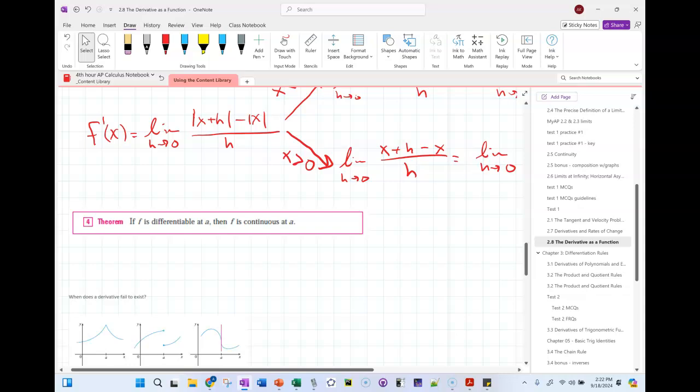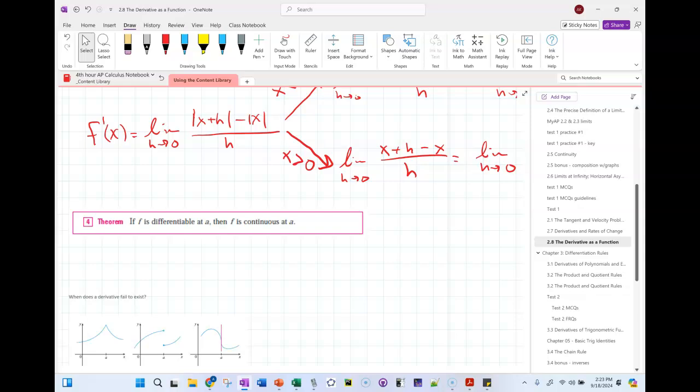This theorem 4 is one of these that you want to have memorized. Theorem 4 just says if a function is differentiable at a, then it's continuous at a. That differentiability implies continuity. Notice that this is an if-then and not an if and only if.